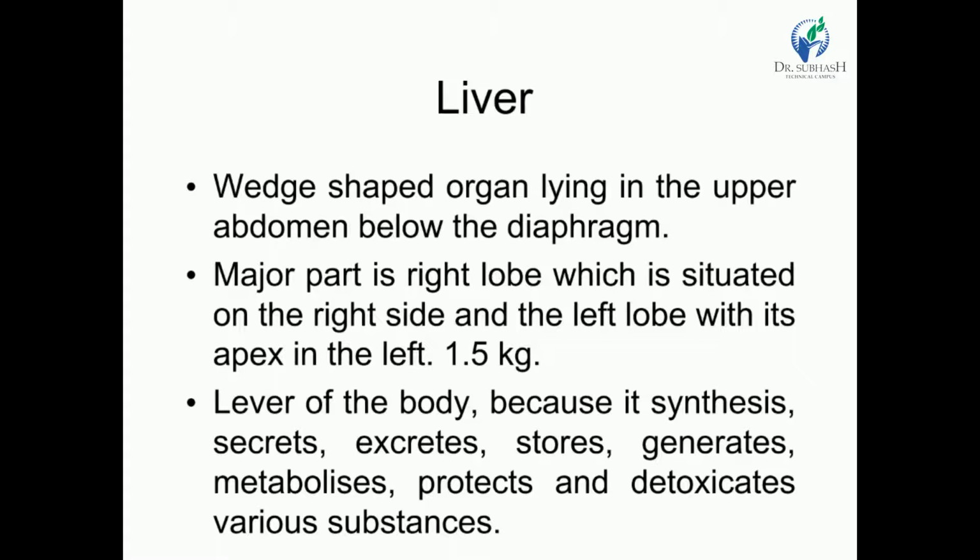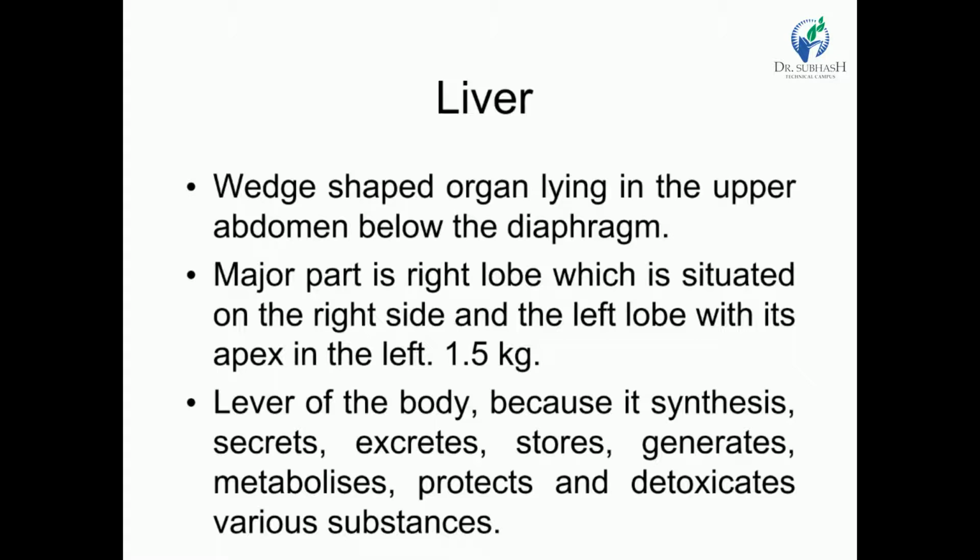While considering its surfaces, it has two surfaces, the superior convex portion and the inferior concave region, with two borders, the anterior sharp border and the blunt posterior border. The upper surface is under the diaphragm and the lower surface approximates with the stomach and the duodenum.